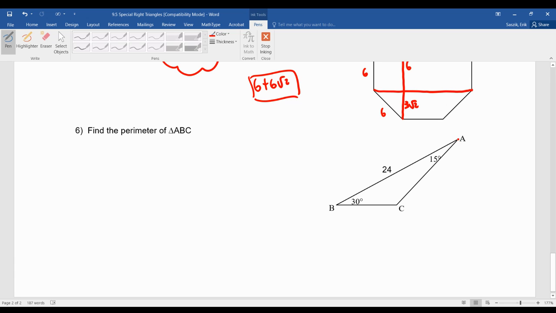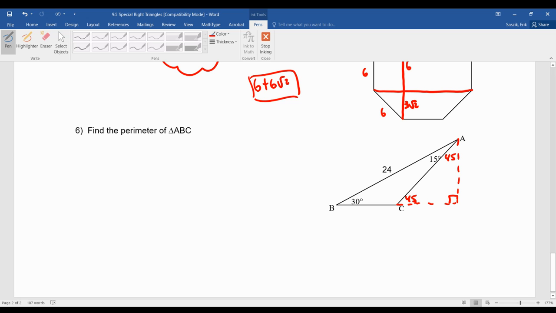But don't forget about that, because you might use it for some other problems. Sometimes we can draw in stuff outside of the figure, right? Drop an altitude, extend the base. I just created a big 30, 60, 90. Not only did I create a big 30, 60, 90, if this whole angle is 60, that means this must be 45. I also created a 45, 45, 90.